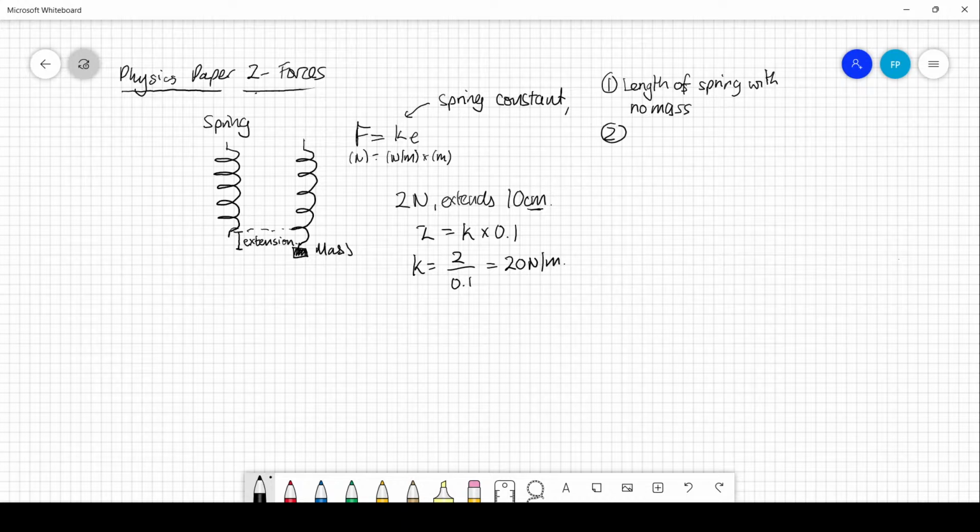Then you'd start adding regular amounts of mass or weight, let's say about 1 newton every time.